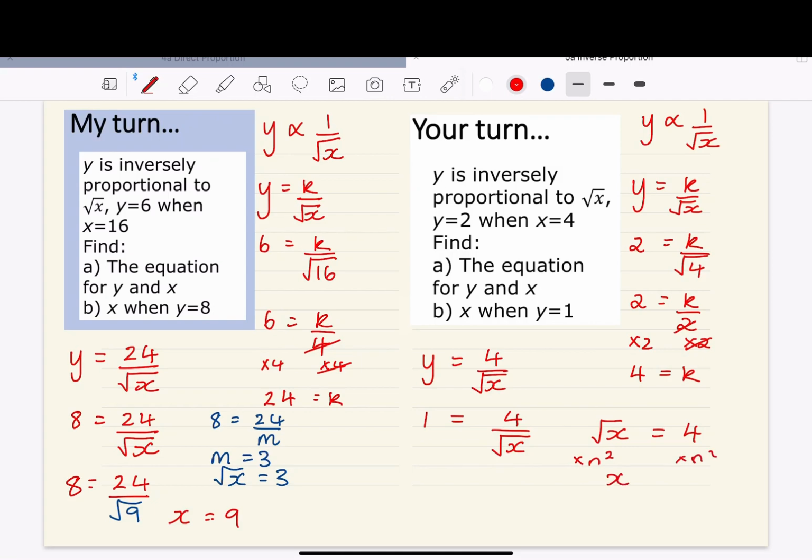Square root here would give me x, because when I square a square root, I just get the value inside, and when I square 4, I actually get 16. So in this case, 1 is equal to 4 over root 16. This is true because we know this actually becomes 4 over 4, which we know is 1. So then I can simply say that x is equal to 16.